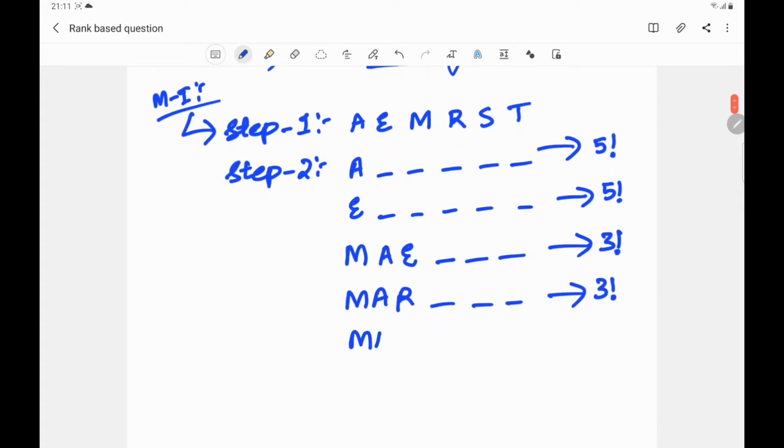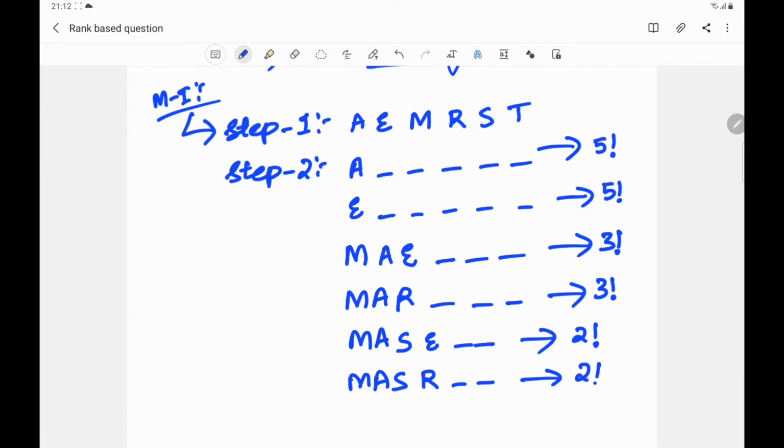The next letter is S. So after S, we are going to get E. So the rest of the 2 can be arranged among themselves in 2 factorial ways. Similarly, after S, if it is R, the next two letters can be arranged among themselves in 2 factorial ways.